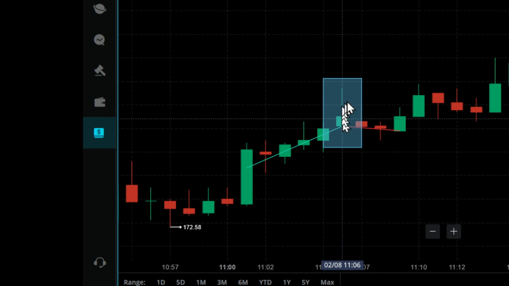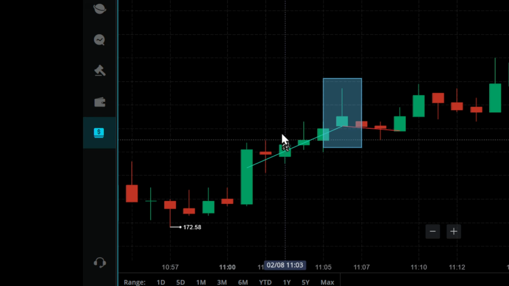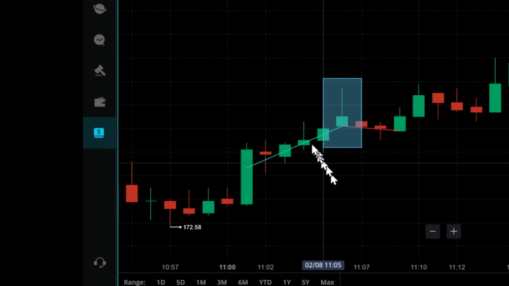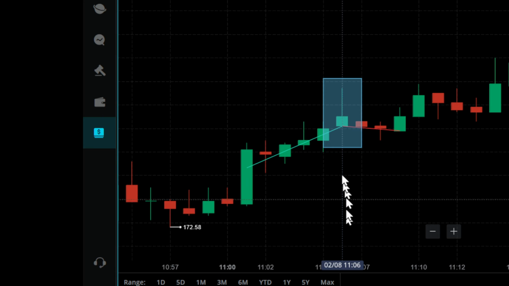You can see that this is the opposite of the inverted hammer because, again, the wick or shadow is more than twice the length of the body, but whereas in the inverted hammer the long wick would be at the bottom, like a Y, this is the other way.